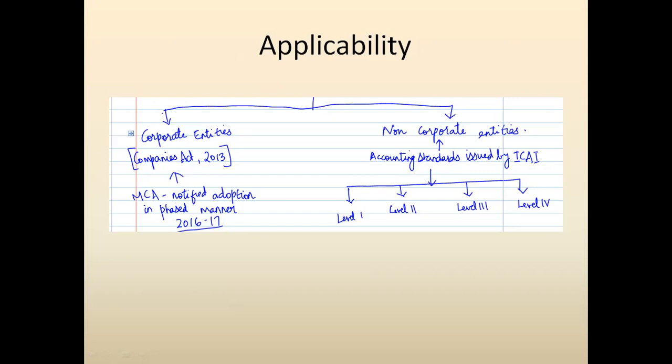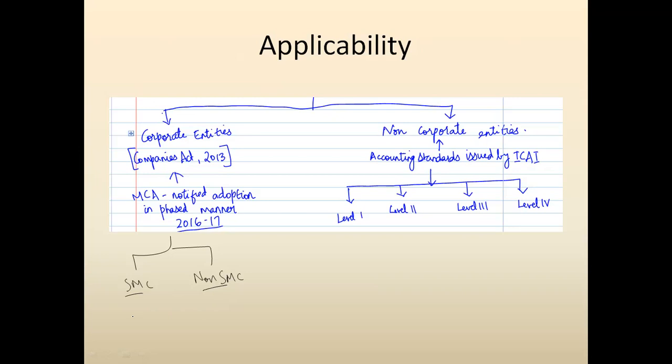Maybe on some other occasion, we may see that even corporate entities are further bifurcated into small and medium entities, SMCs and non-SMCs. The basis would be mainly turnover, borrowings, and whether they are listed or in the process of listing, and so on. There are many criteria to be fulfilled.